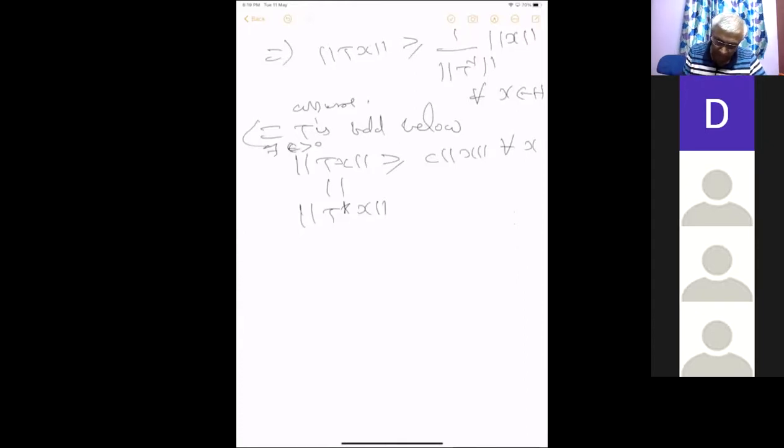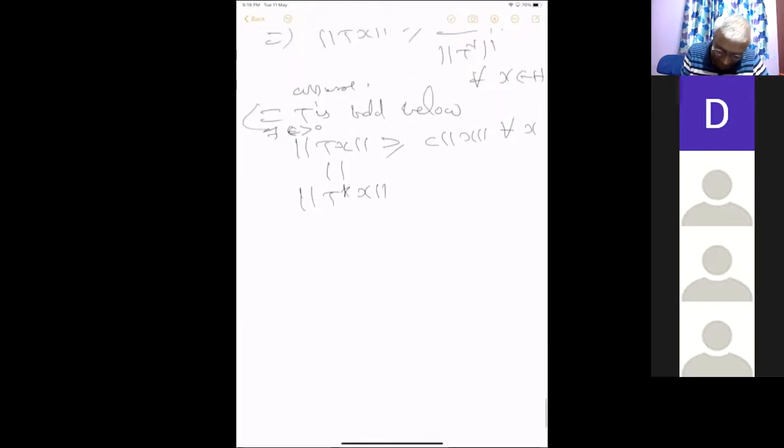If T is bounded below, then T star is also bounded below because it's normal. Norm Tx equals norm T star x. So this is also greater than c times norm x. So this implies kernel of T is 0, because if norm Tx equals 0, then norm x equals 0 by this inequality.